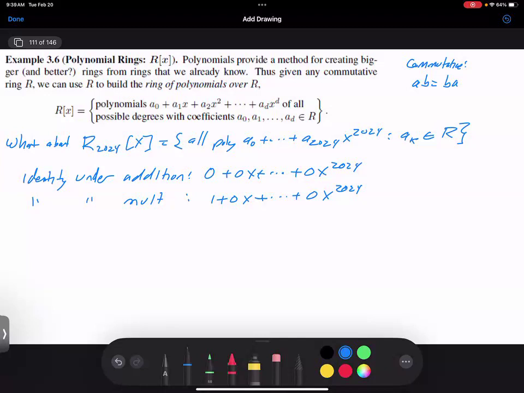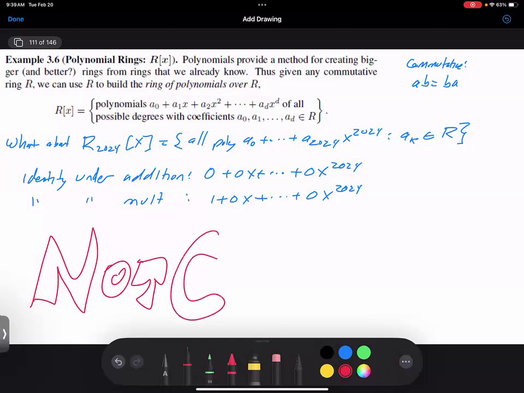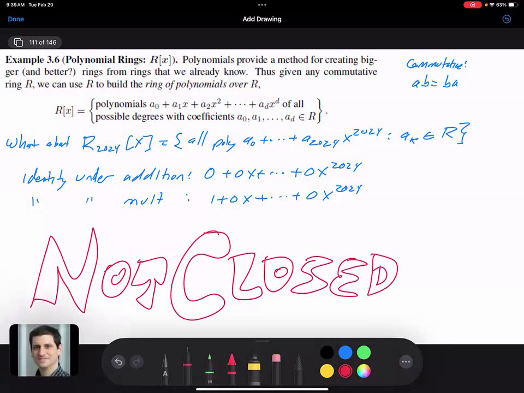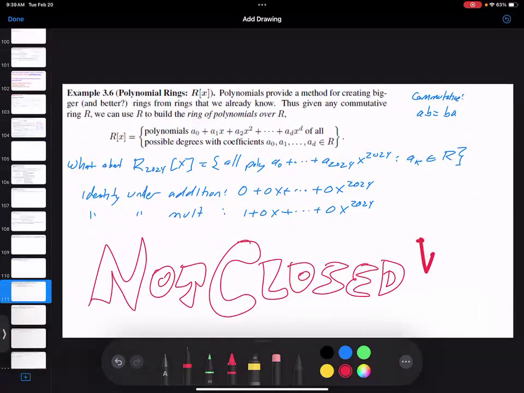So if I take two polynomials of degree at most 2024 and I multiply them, do I get a polynomial of degree at most 2024? No. Unfortunately, it's not closed.